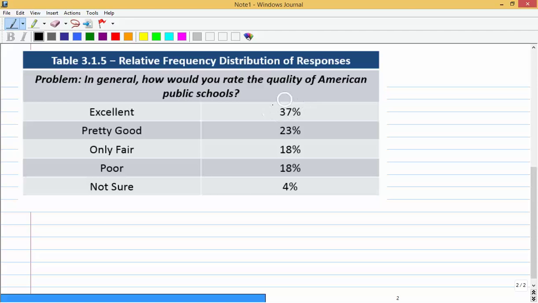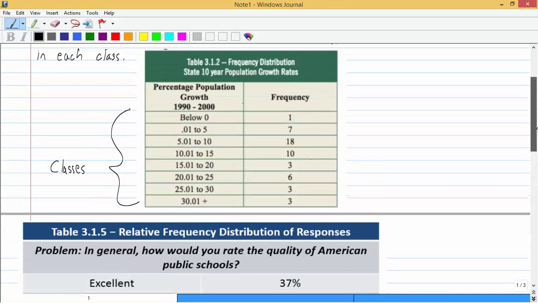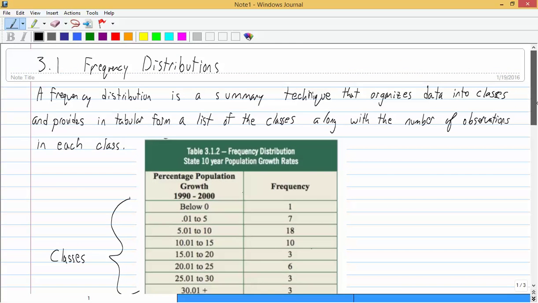And then someone took all of the raw data from this survey and, instead of telling you how many people thought it was excellent, pretty good, fair, poor, or not sure, they converted this to a percentage. Okay, so just another way of representing data in a frequency distribution. And that's pretty much all of 3.1.